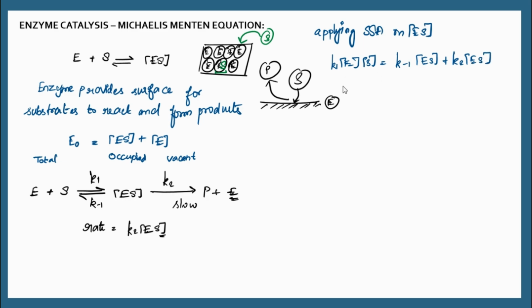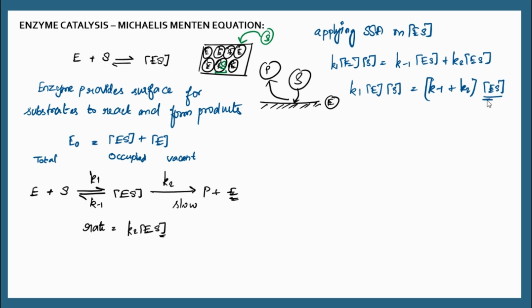Okay, so this can be written as K1 concentration of E concentration of S will be equal to K minus 1 plus K2 into concentration of ES.